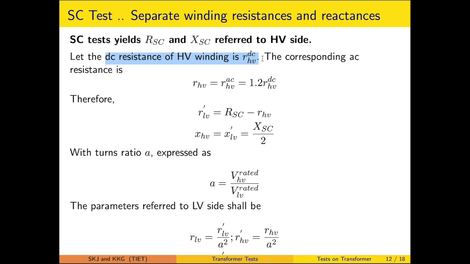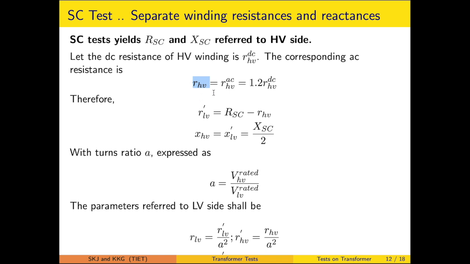This measurement can be done by the DC load test or by a multimeter arrangement. As the transformer is an AC arrangement, this DC resistance is reflected as AC resistance simply by multiplying by a factor of 1.2. That gives the RHVAC, which we call the RHV.